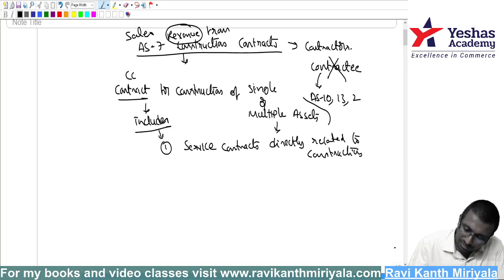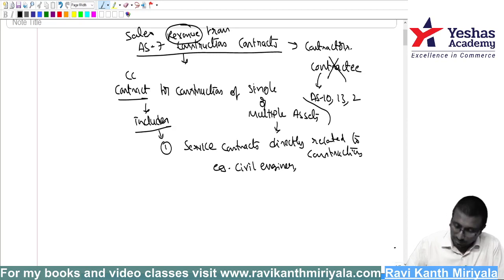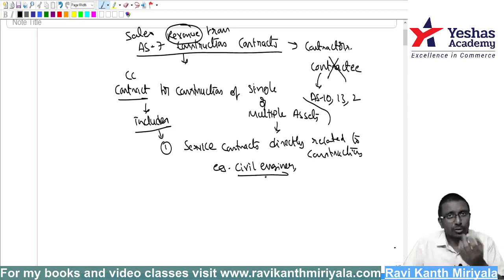Suppose there is a civil engineer. What does he do? He is participating in the construction job. He does the planning, and monthly he will go and check whether construction is done perfectly or not, and accordingly he will charge. So he is going to get some fees.